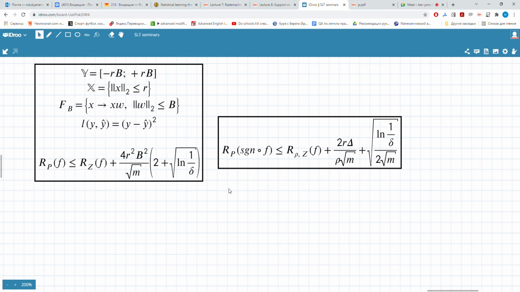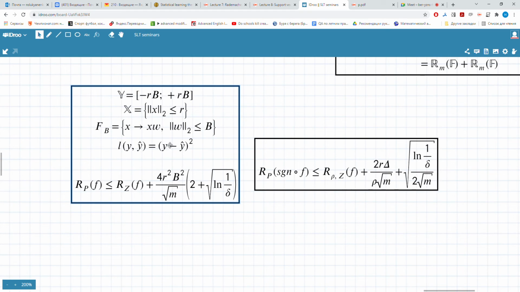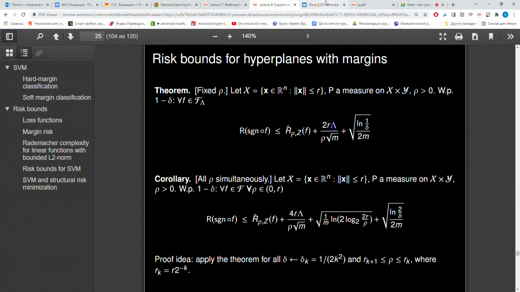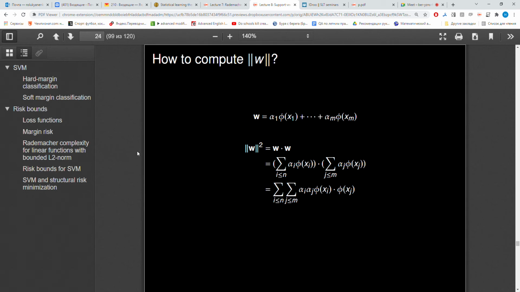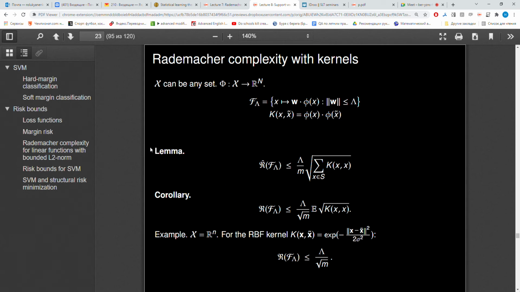f is a parameterized family of functions, and delta is a parameter. What is delta? Delta is a bound measure for the value of w. In our case, it's b.